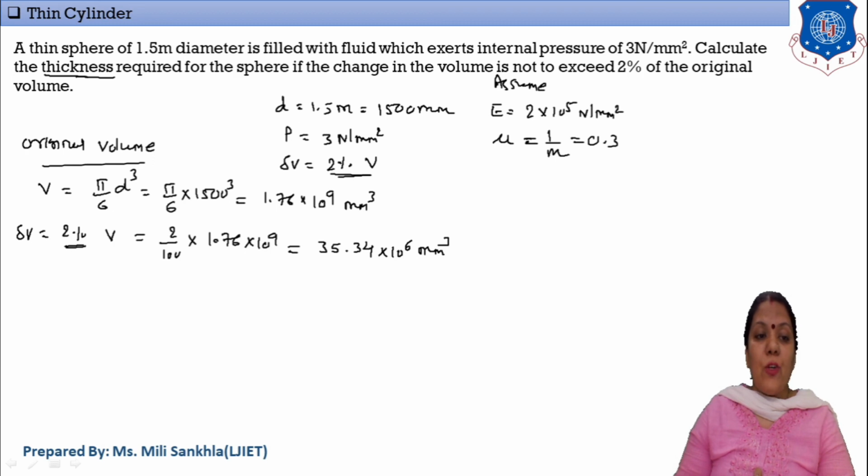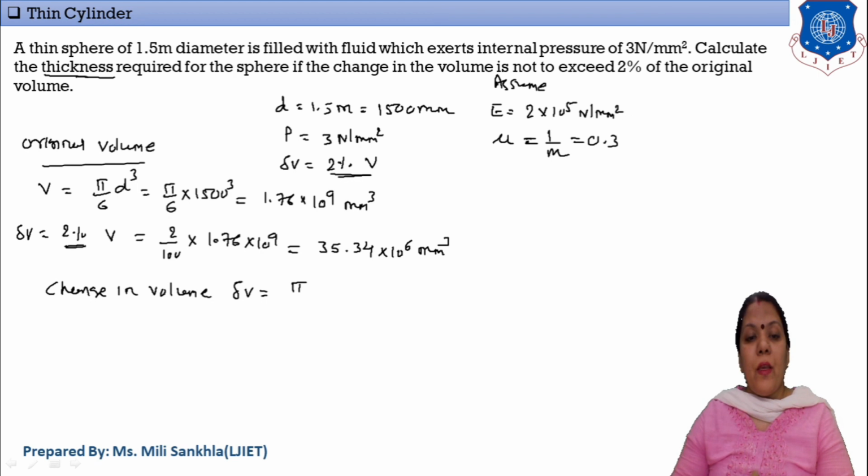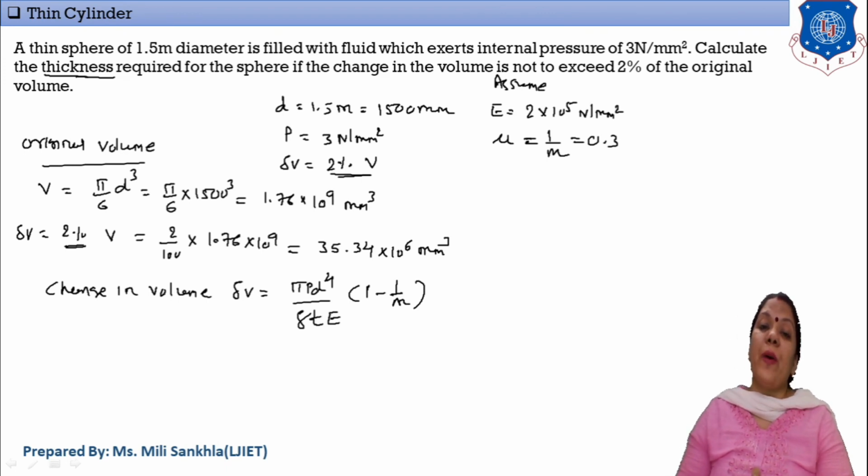Now write down our equation of change in volume for spherical vessel: del V is equal to pi P D raised to 4 by 8 T E, into (1 minus 1 by m). This is the equation for change in volume for spherical vessel.